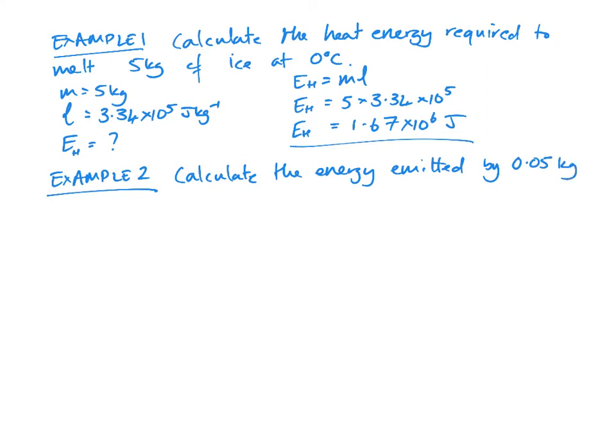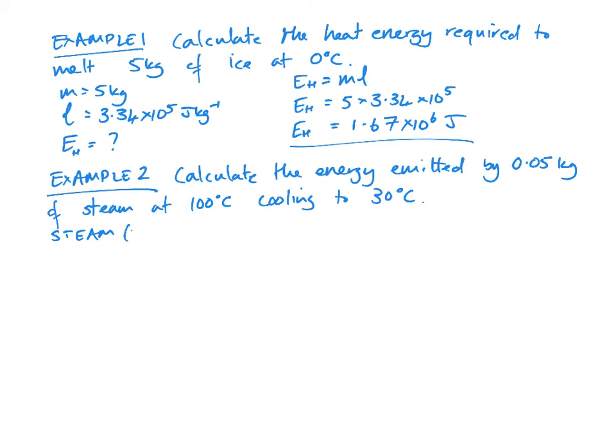So I've got 0.05 kilograms of steam at 100 degrees Celsius, but cooling to 30 degrees Celsius. So for instance, if it landed on your skin, so using this to show why steam burns are much worse than normal.